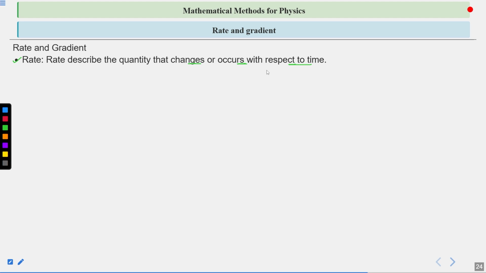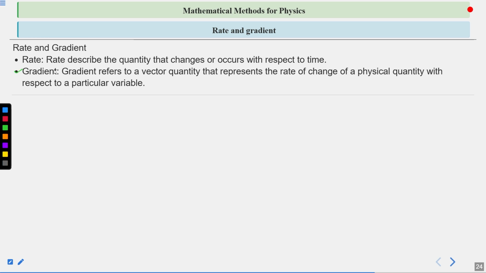So the rate of change of position is velocity. Another is gradient. Gradient refers to a vector quantity. Listen carefully. Gradient is a vector quantity that represents the rate of change of a physical quantity with respect to a particular variable. Clear? When we learn potential, there is the use of the gradient.